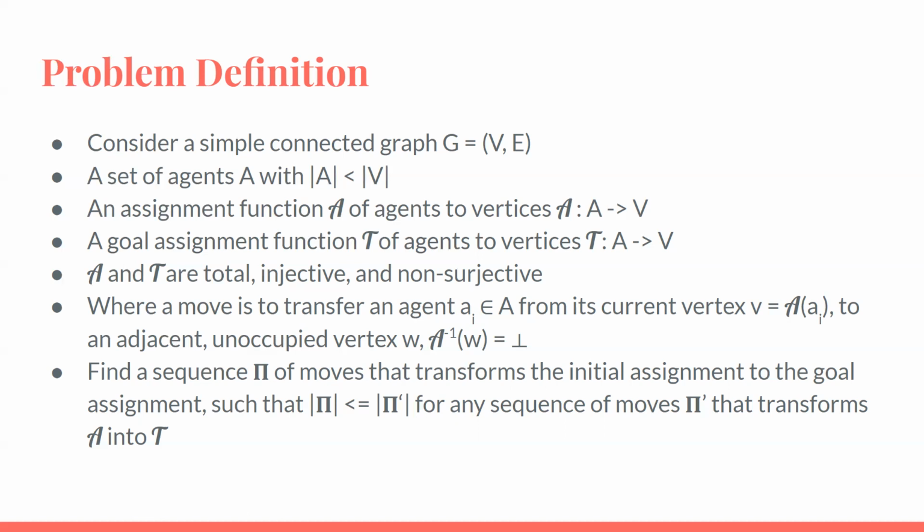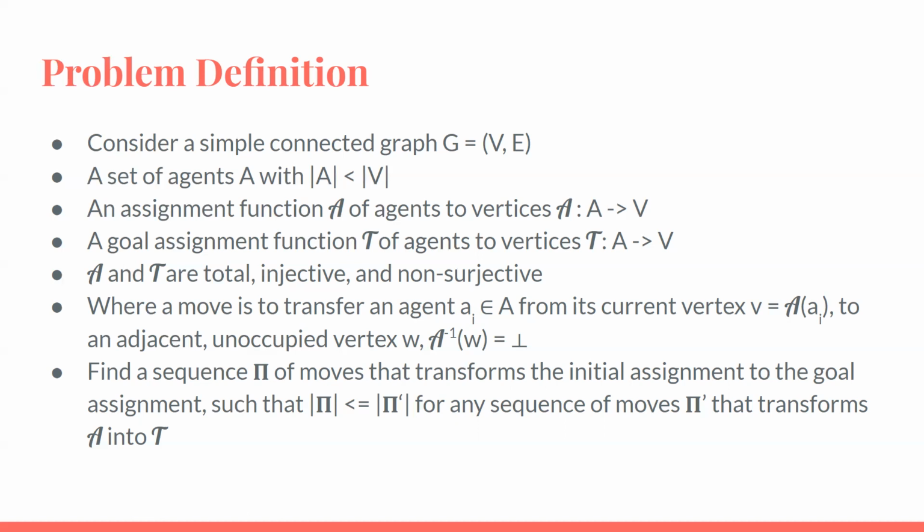Like I said earlier, for push and rotate, we require at least two unoccupied vertices. The goal here is to find a sequence pi of moves that transforms the initial assignment to the goal assignment. And we're going to return pi at the end of the algorithm.